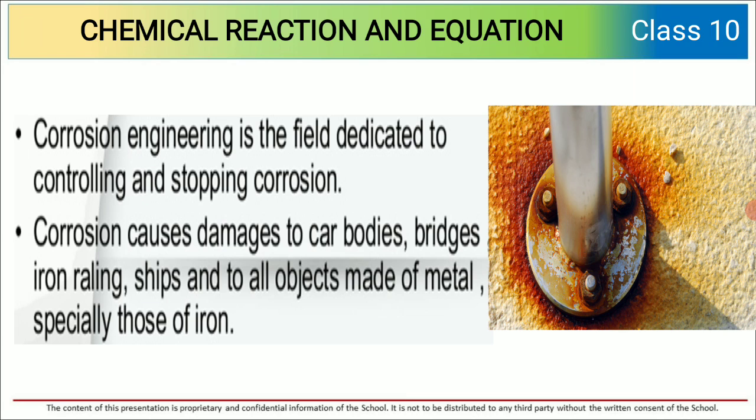So amongst them, car bodies is one example, bridges, iron railing, ships, and objects made of metal, especially of iron, get corroded fast.